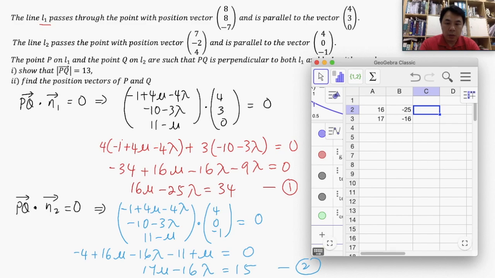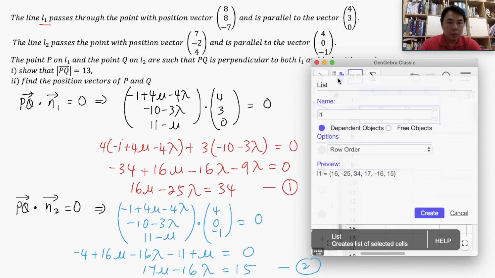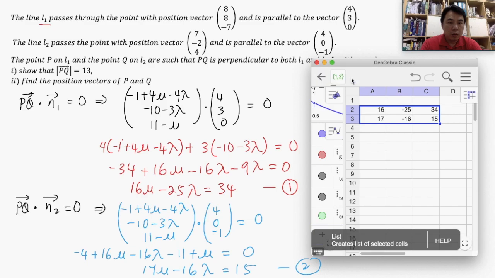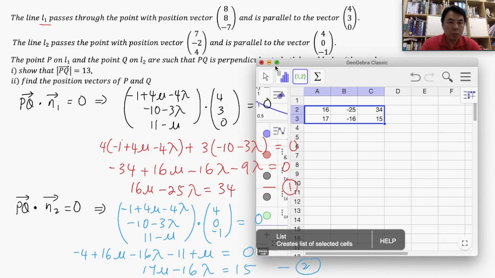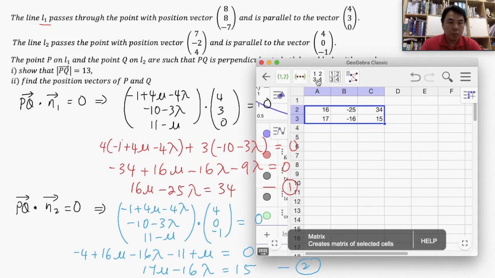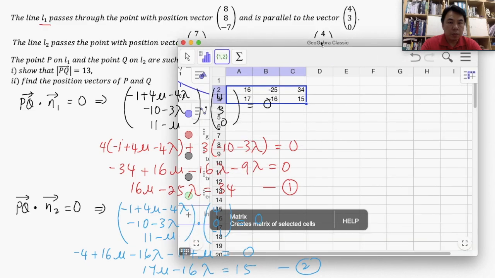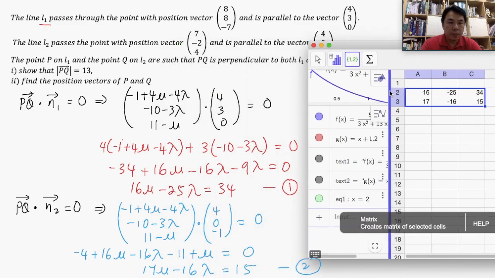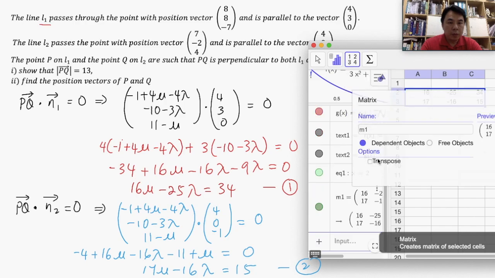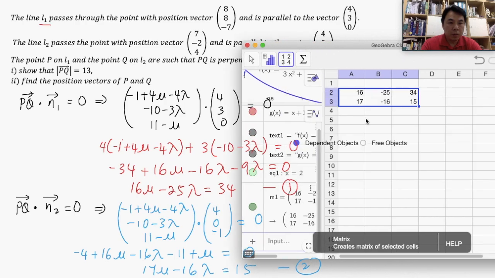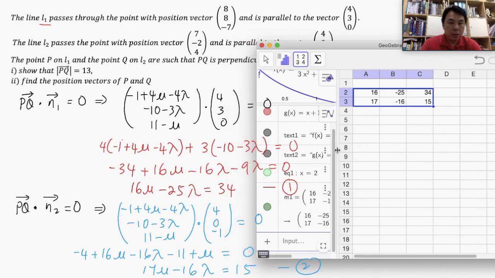I have another one, 34, and then 15. Let me create the vector of this. Now I have the vector.